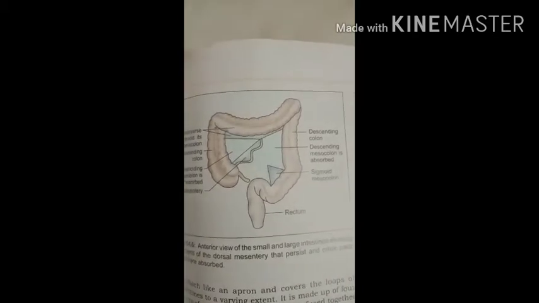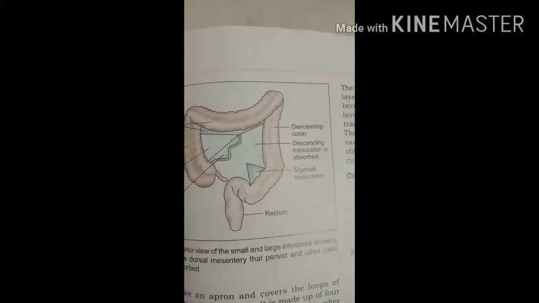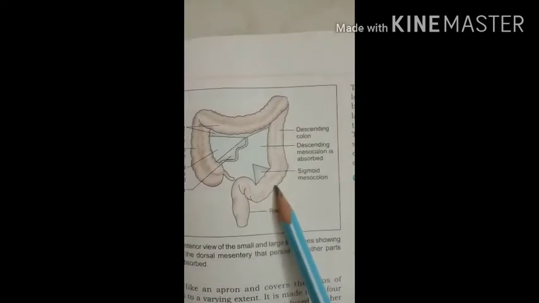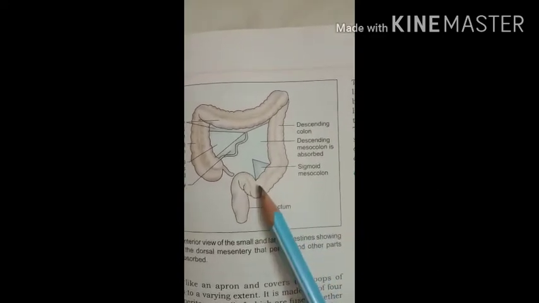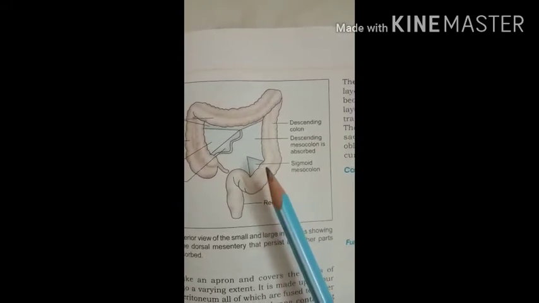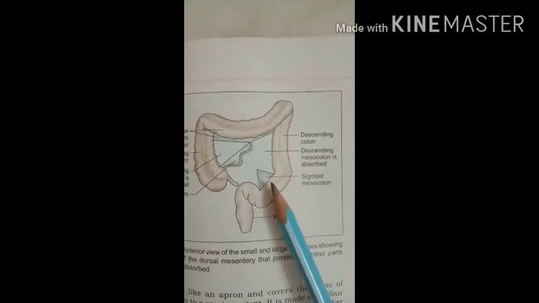Okay. After that, the large intestine. The transverse colon and the sigmoid colon are also covered by the peritoneal fold, and this covering of the peritoneal fold is called the mesocolon.